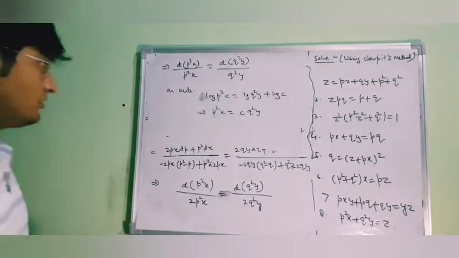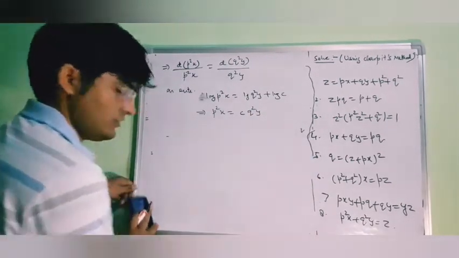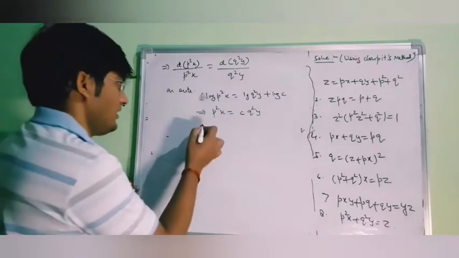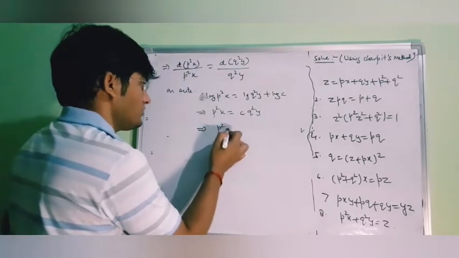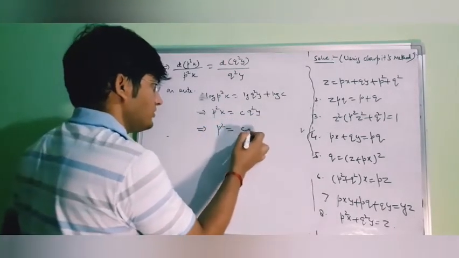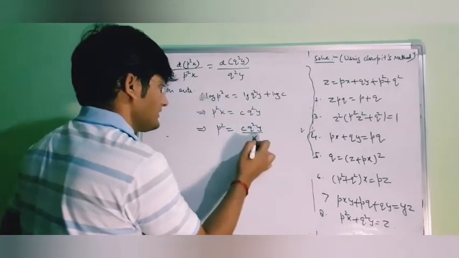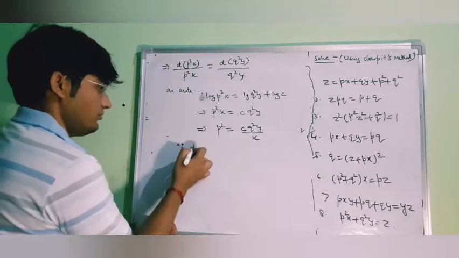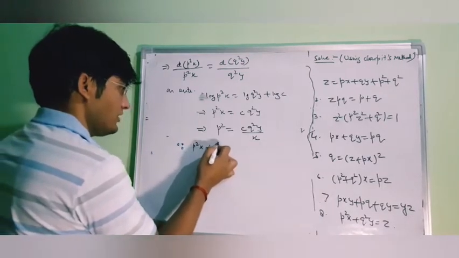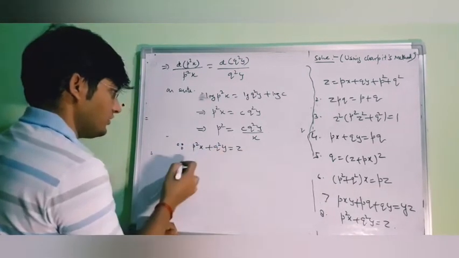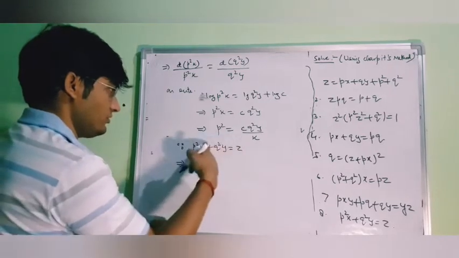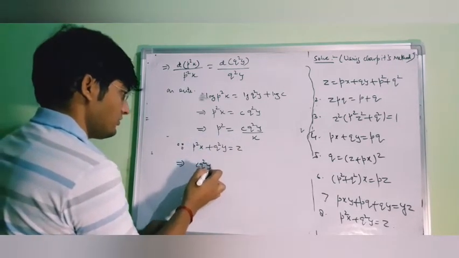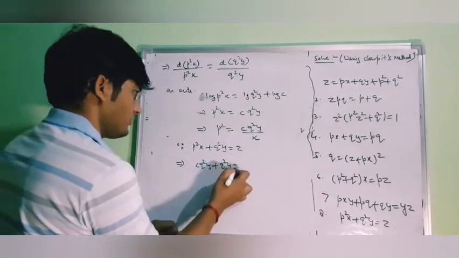So now you can find any value, either you can find the value of p square or q square. So let us find out the value of p square. So it is equal to cq square y upon x. So from here, because p square x plus q square y equal to z, put the value of p square here. So this will be your cq square y plus q square y equal to z.